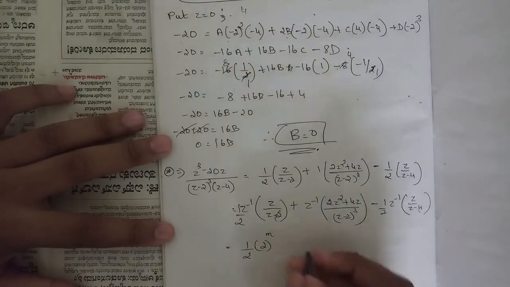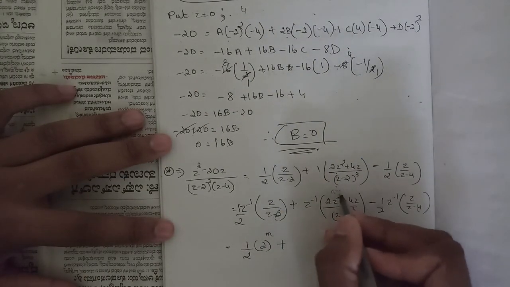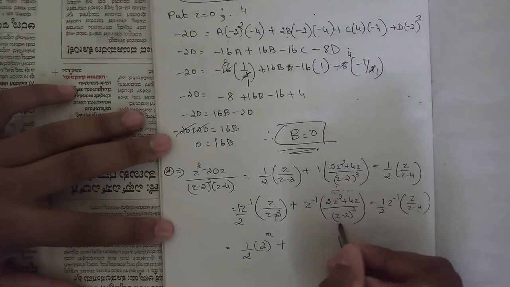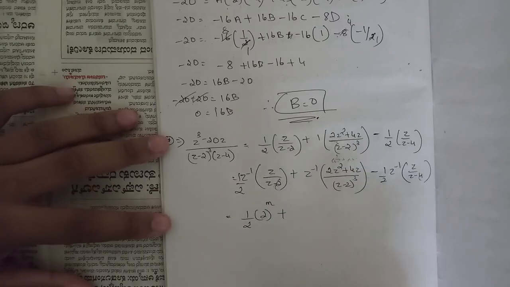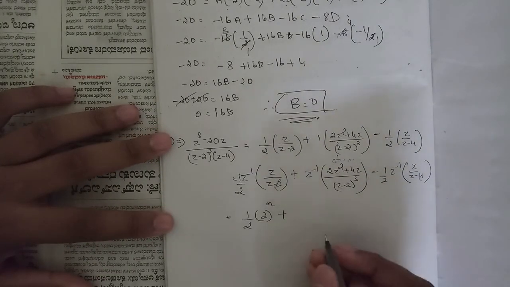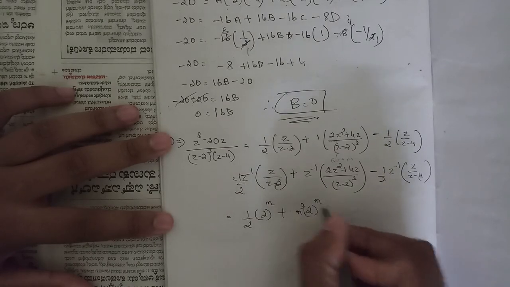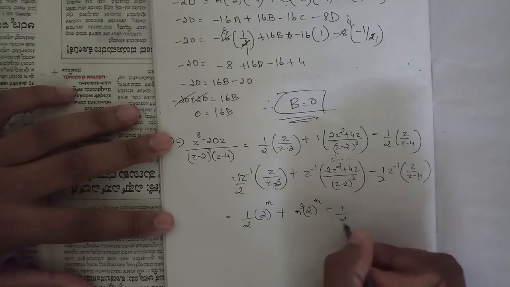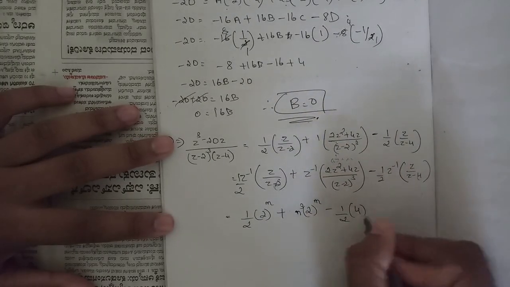So 1 by 2 into 2 power n, plus, here it's of the form (a squared z plus a z squared) divided by (z minus a) whole cube, right? So the Z inverse of that function is n cube a power n. In place of a we have 2, so the value is n cube into 2 power n, minus 1 by 2 into, where a is 4, 4 power n.